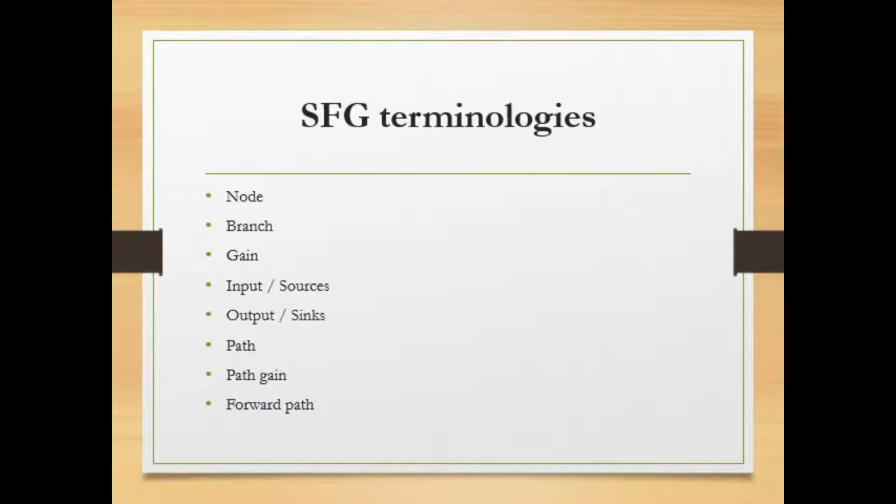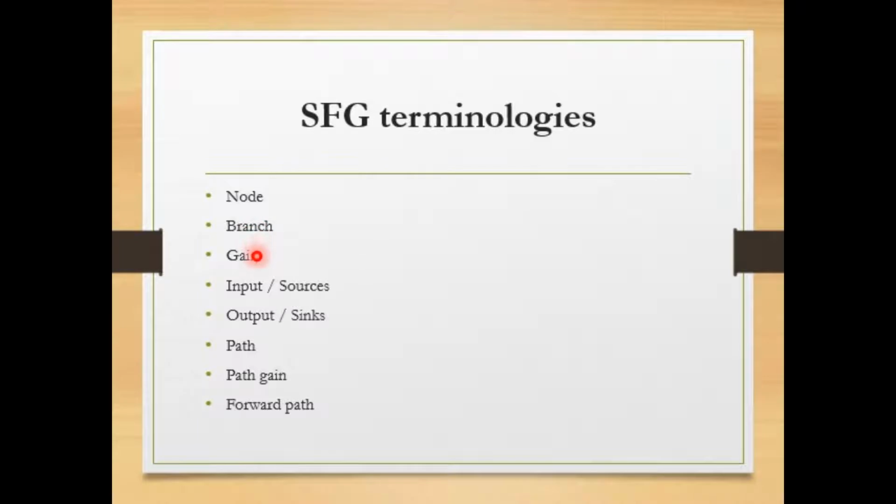So first one is a node. A node is nothing but a point which represents a variable or a signal. Next is branch. Branch is actually a directed line which joins two nodes. The arrow on the branch indicates the direction of the signal flow, and the gain of the branch is nothing but the transmittance.